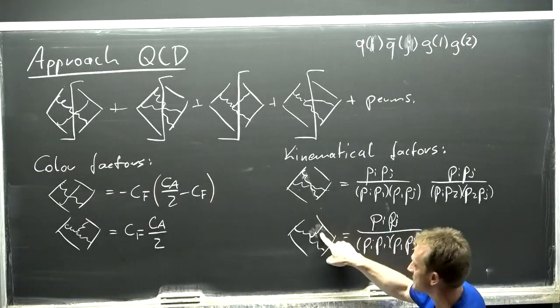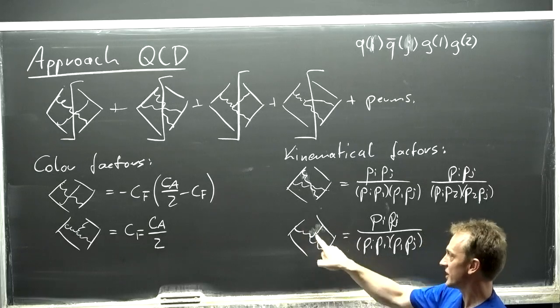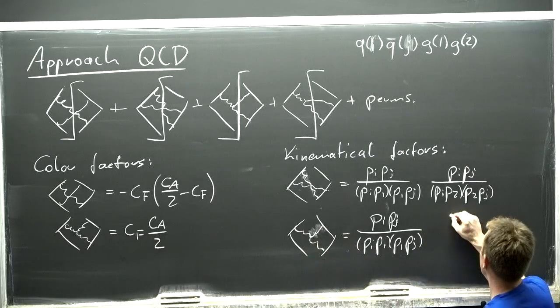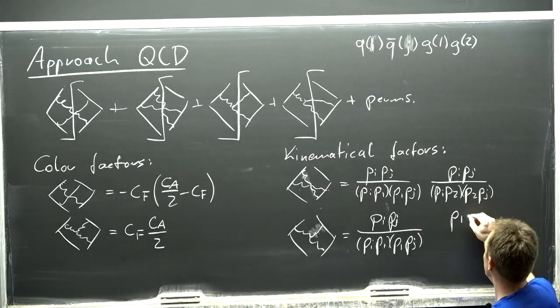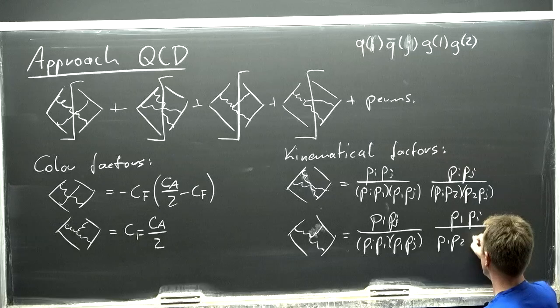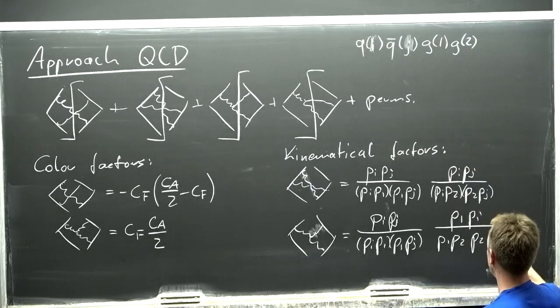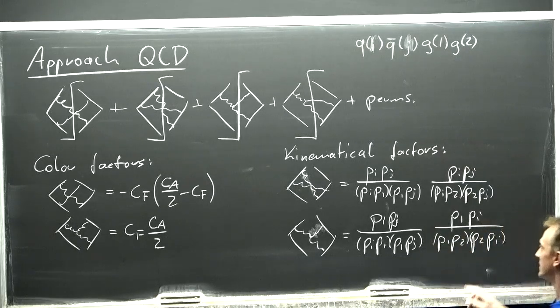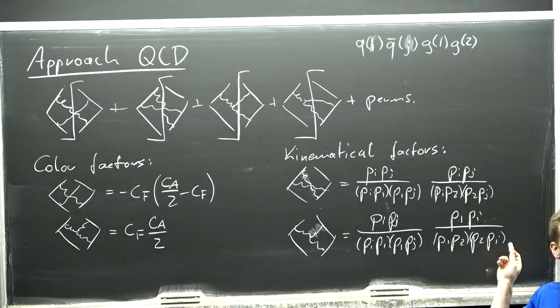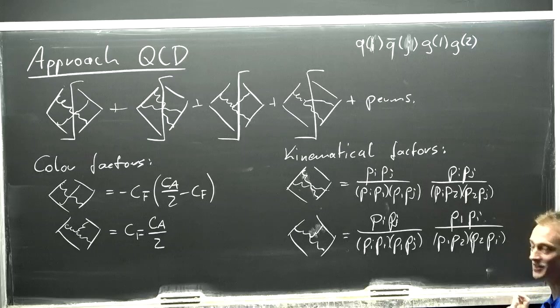And then I emit this one, but now it's not the original color charge that emits this. It's the new gluon, right? So it better be of the structure p_1 p_i over p_1 p_2, p_2 p_i, because now the charge pair that emits is the pair 1i. Does that make sense? If there are questions, let me know.